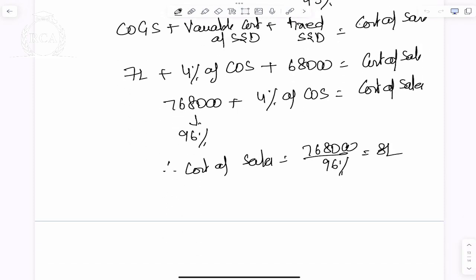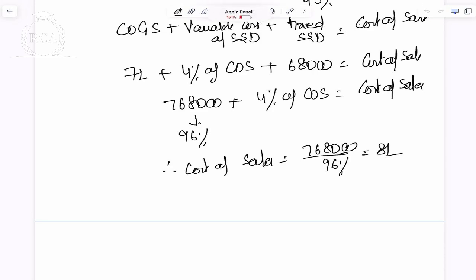Please finish this, guys. Cost of sales is how much? 8 lakh rupees. Are we all done?